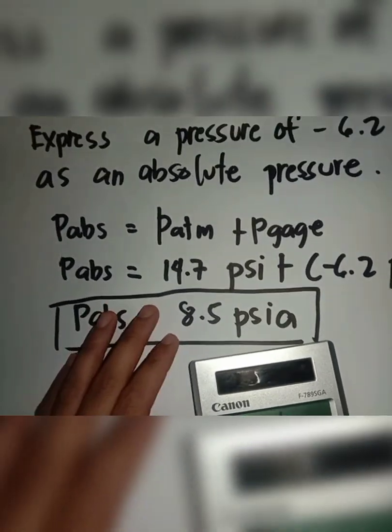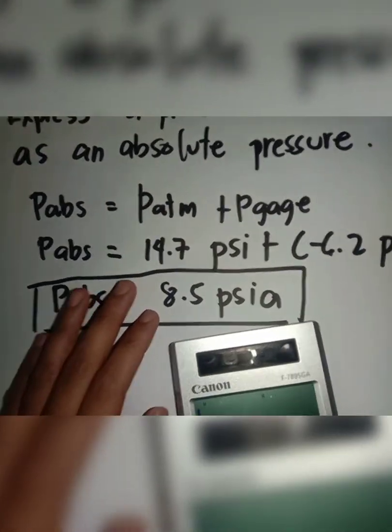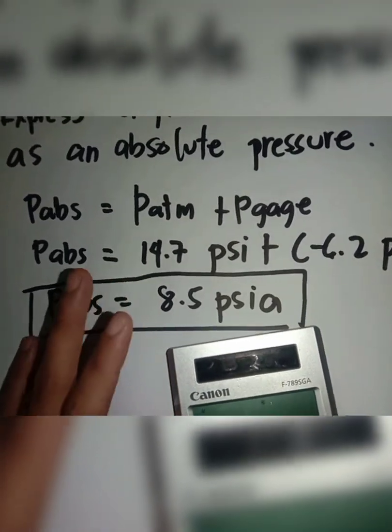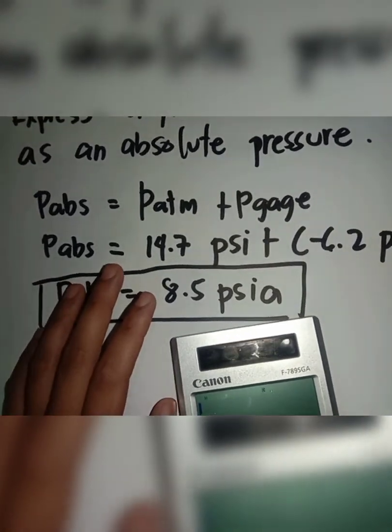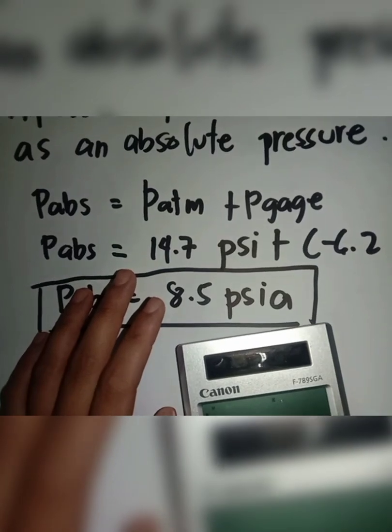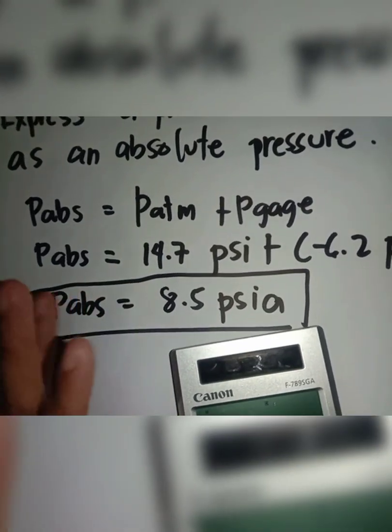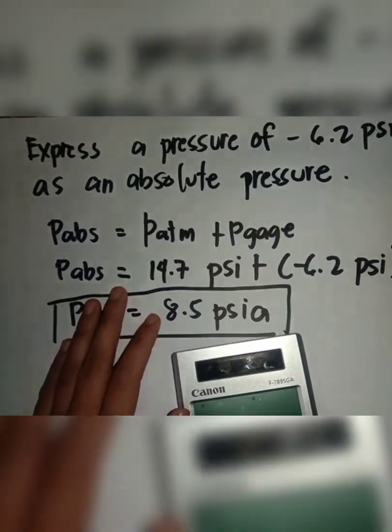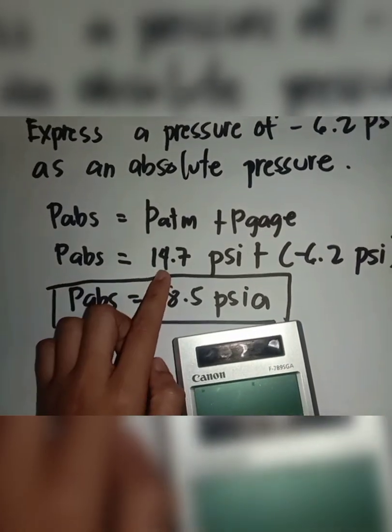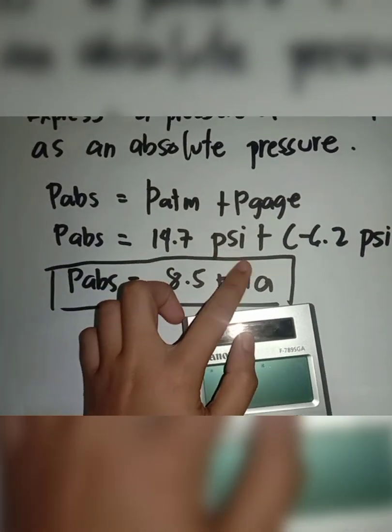We will assume a standard atmospheric pressure in psi. The standard atmospheric pressure is 14.7 psi.